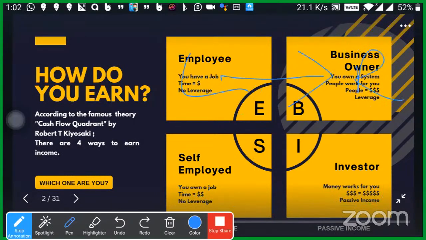The most important thing that you must do if you want to become a rich person, if you want to fulfill all your dreams, is to move from the left side quadrant to the right side quadrant.